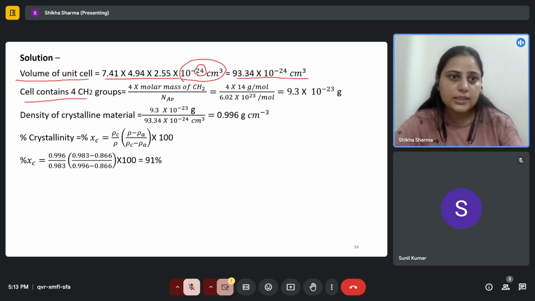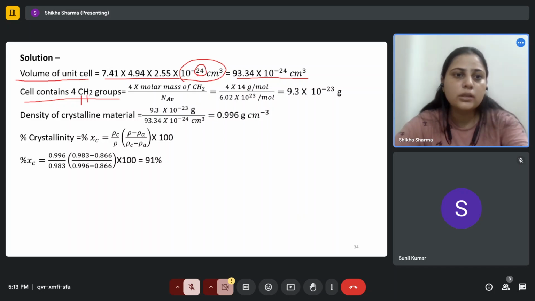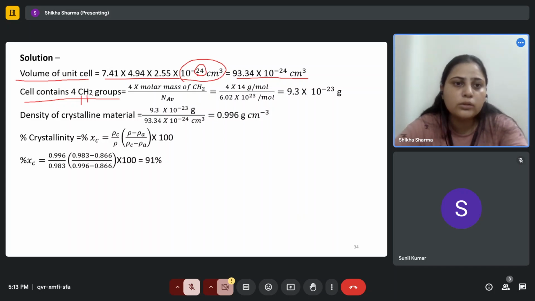Since the cell contains the 4 CH2 groups, we take 4 into the molar mass of CH2 divided by the Avogadro number. CH2 is 12 into 1 plus 2 into 1, which is 12 plus 2 equals 14.